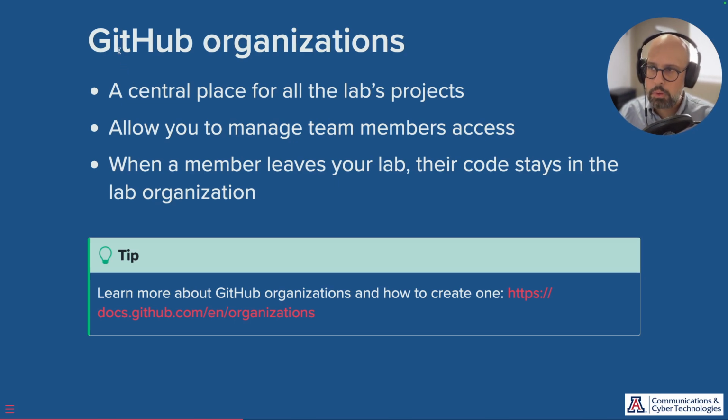If you're a PI of a lab, you create an organization for your lab, and then rather than having your trainees or your students or collaborators upload their code to their personal space on github.com, they can upload it to this organization. That way, when they leave, when they move on to another job or whatever, their code stays in the lab organization, and you can manage who has access to it, and you can change that at any time. And you can change whether the code is public or private, right, and so on.